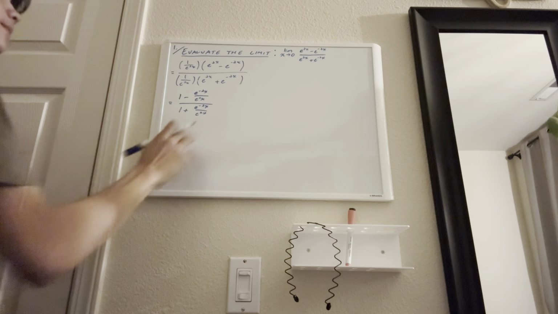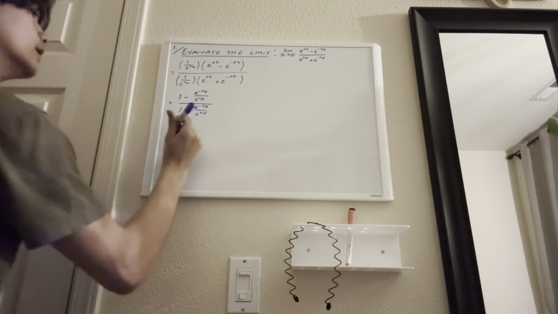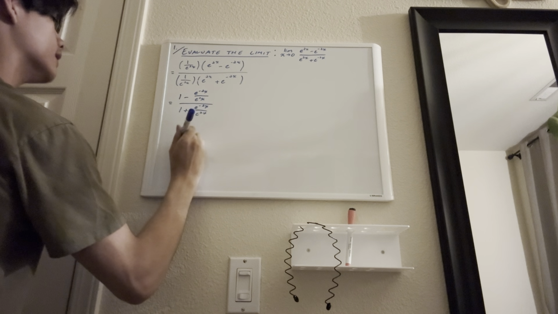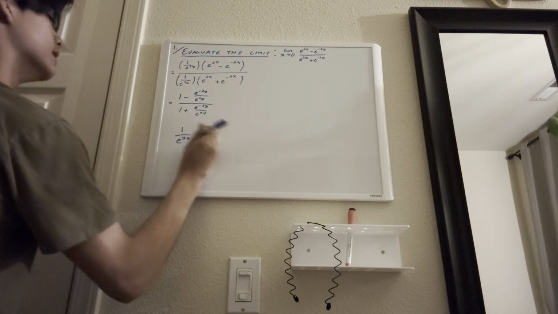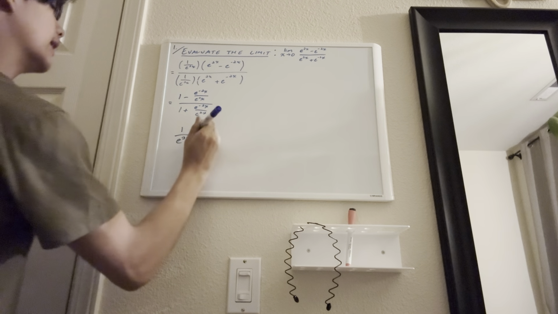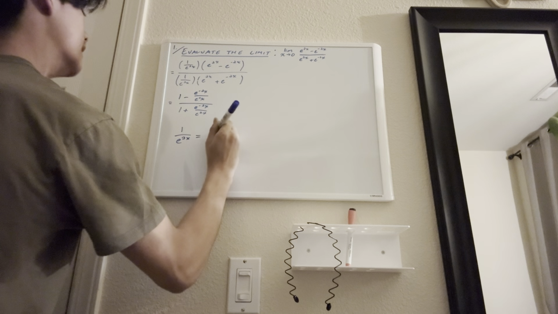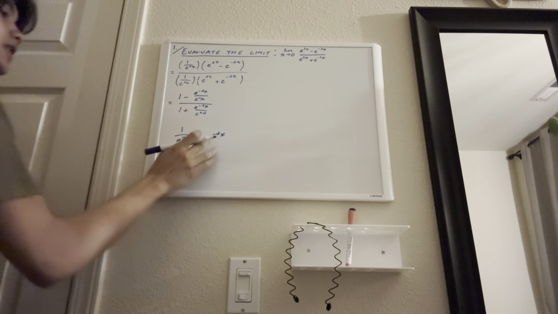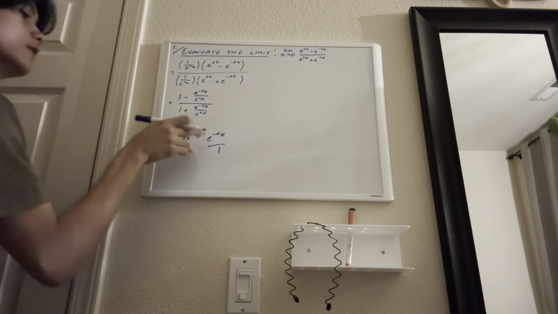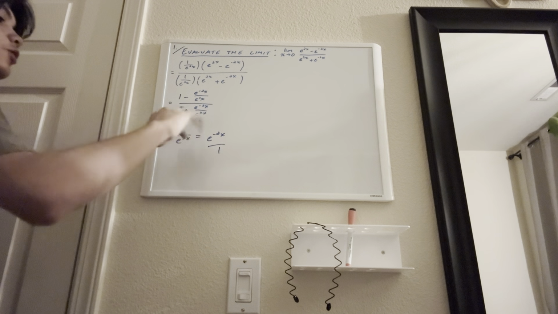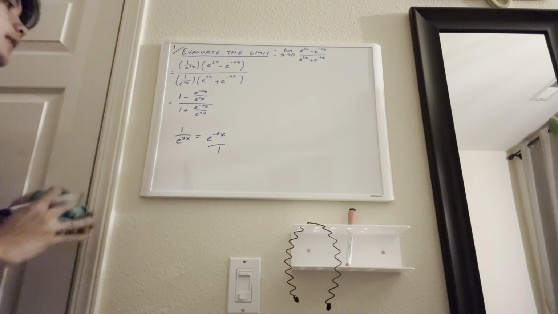So in this case, we're going to apply it to this right here. So 1 over e to the 2x is also the same thing as e to the negative 2x, because you're just taking the reciprocal of x. You're swapping the numerator and the denominator. Okay.